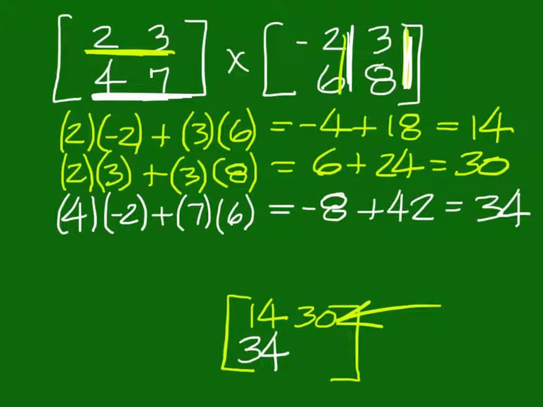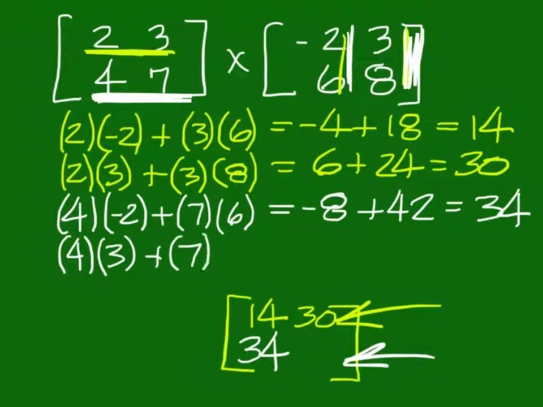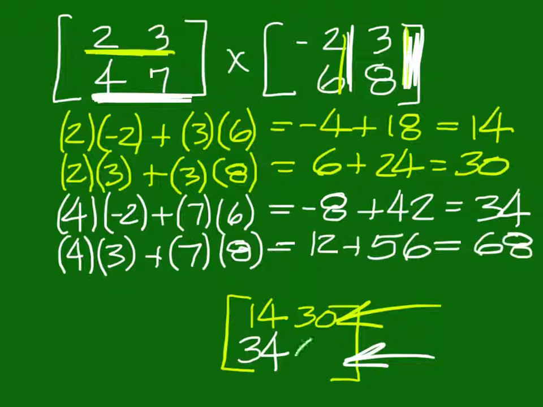That goes here. And now for your last spot here, it's going to be the second row and then times this column over here. 4 times 3 plus 7 times 8. That is 12 plus 56, which is 68.